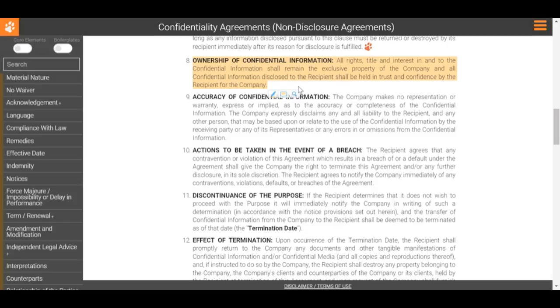These types of clauses should be read carefully so that parties who are coming in as equals are treated as equals. Or if a party is coming in as an owner hiring a service provider for a specific purpose, that owner is able to retain the intellectual property rights of the resulting IP.